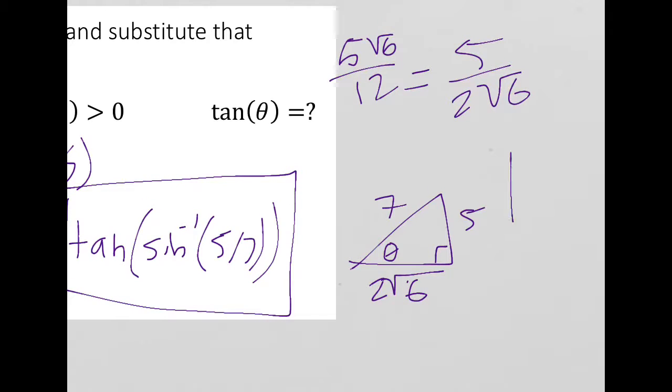You need to think about the fact that we're dealing with the inverse sine function here, which is defined in those two quadrants, 1 and 4. You need to notice that the ratio of sides, 5 over 7, is positive, which means we're up in this quadrant where tangent is also positive.